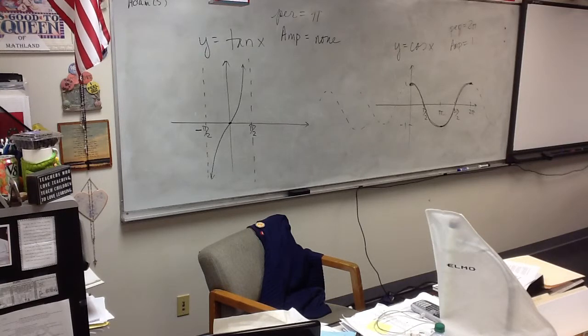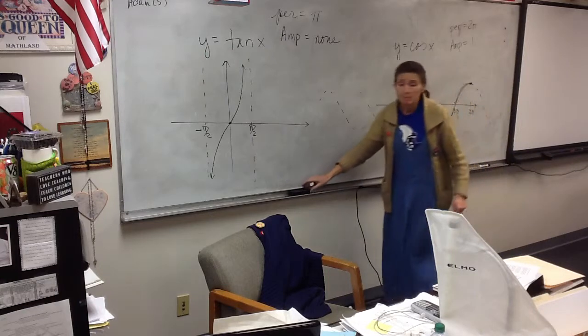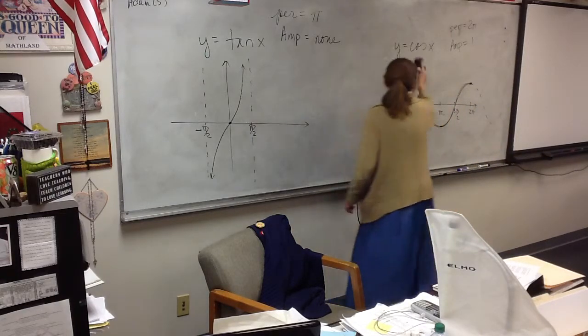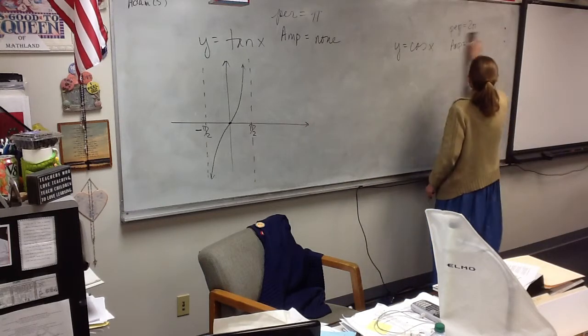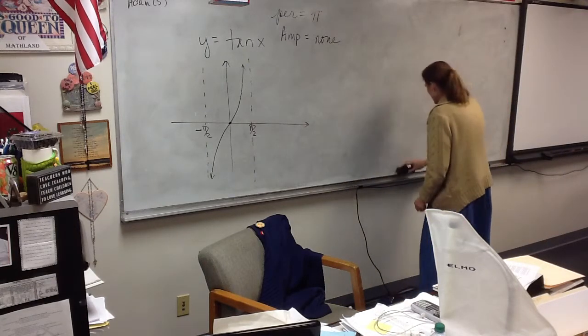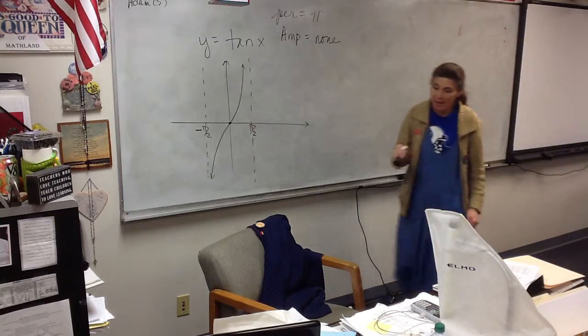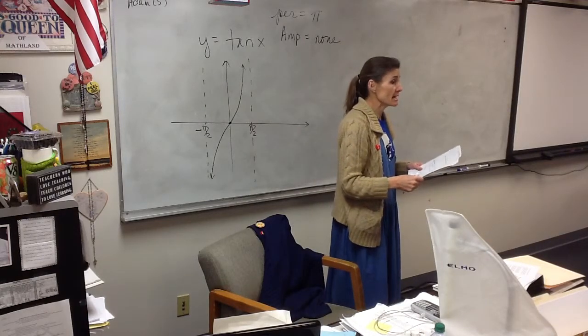Now, like I said, we're not going to get back to those until Tuesday, because today we're going to focus on the sines and cosines. Right now, on your note sheet, you should have a sine picture drawn, a cosine and a tangent.